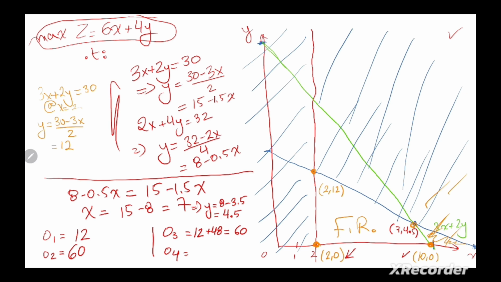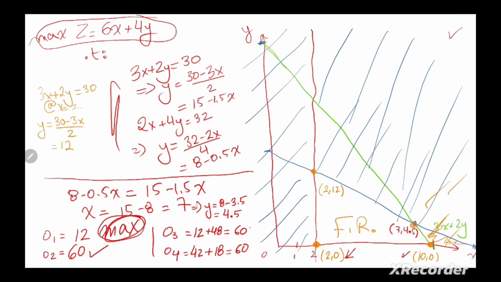And then you have 6 times 7, which is 42, plus 4 times 4.5, which is 18. So guess what? It is 60 as well. So my goal is to max, right?